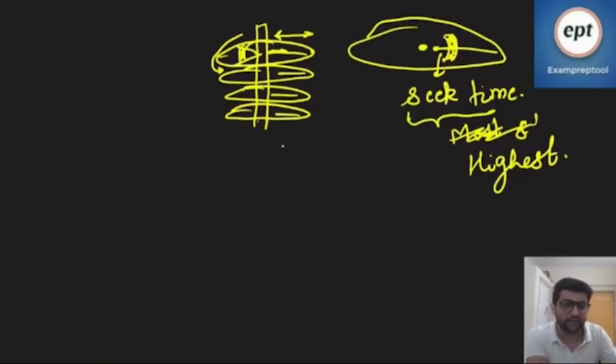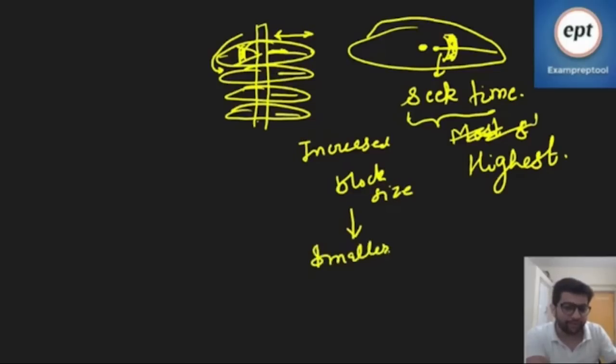If we want to transfer a very large file, and we have increased block size, then that particular large file can be stored in a smaller number of blocks, right?